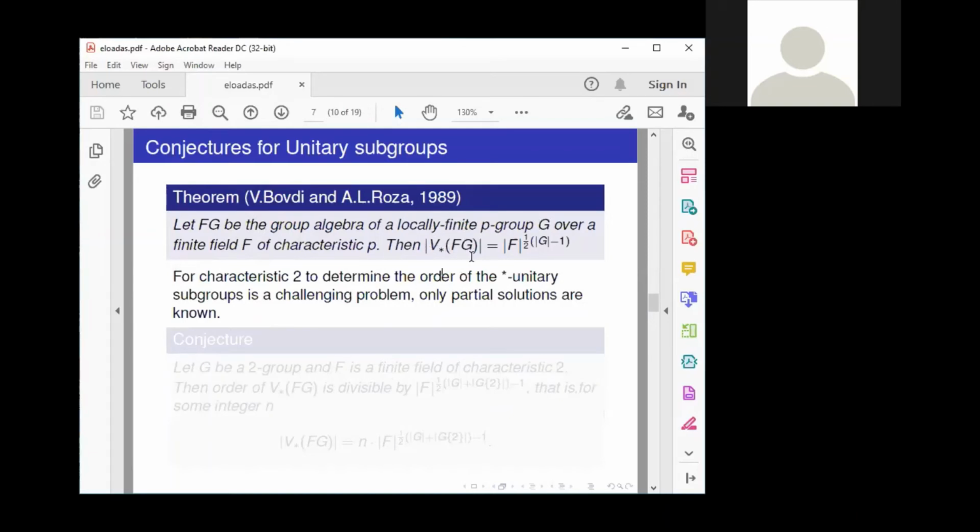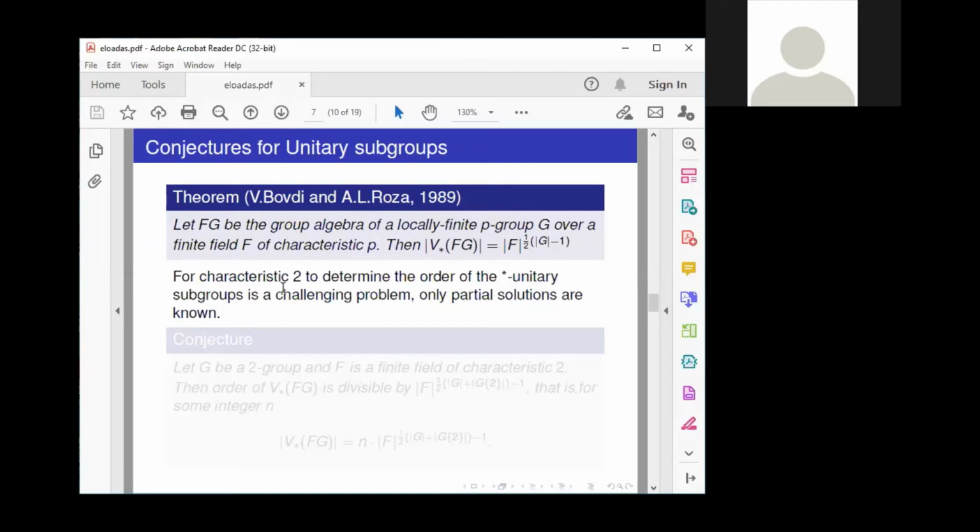The order of the unitary subgroup depends on the order of the group basis and the cardinality of the field. So in this case, the field is also a finite field. And I forgot to write, in this case, p should be an odd prime. So it's not true for 2. So if the characteristic is 2, this equation is not true.